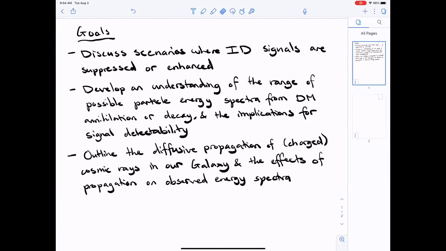So at the end of this lecture, ideally, you'll have sort of a good overview idea of models where indirect detection signals are either going to be really easy to see or really hard to see, an understanding of the possible energy spectra of particles that we can see in our telescopes from dark matter annihilation and decay, and if time permits, at the end, how, as charged particles propagate through our galaxy, they lose energy, and that affects the spectra of charged particles that we can see in our detectors. Okay, so that's the goal for today.